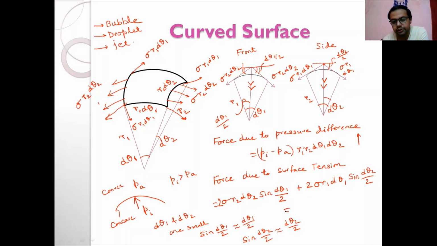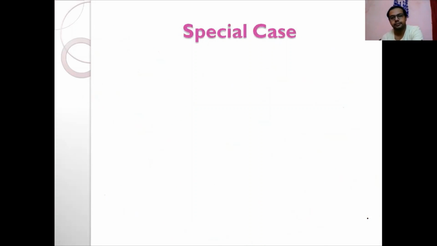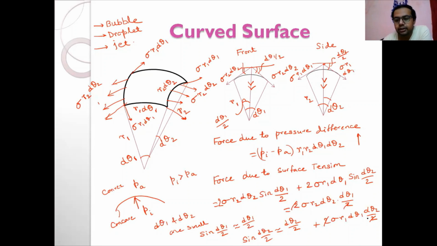Hence the equation reduces to 2 sigma R2 d theta 2 d theta 1 by 2 plus 2 sigma R1 d theta 1 d theta 2 by 2. Here the 2 will be cancelled out.